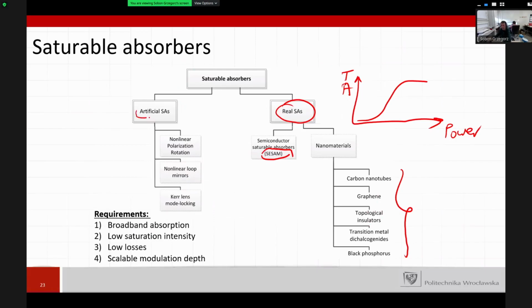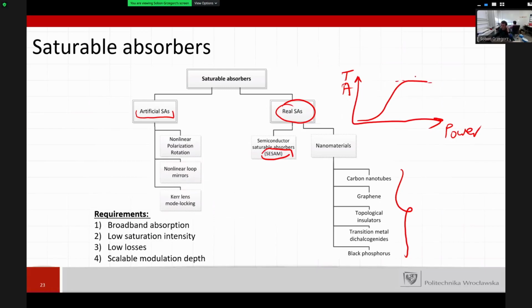And there is also a group of so-called artificial saturable absorbers. These are basically nonlinear effects that occur in optical fibers or in bulk media that also have this property. Because as you might already know, all the nonlinear processes occur at higher powers, and the same applies to optics.